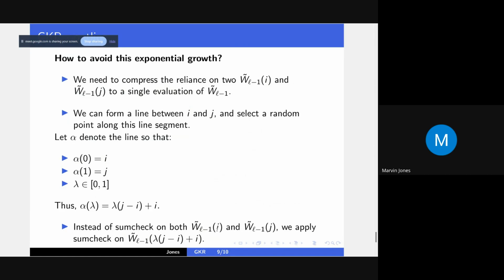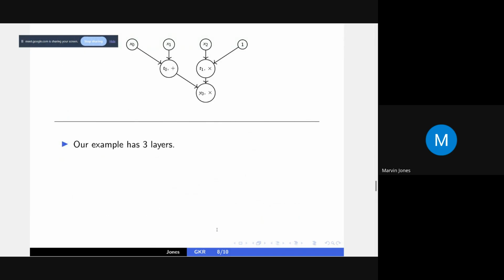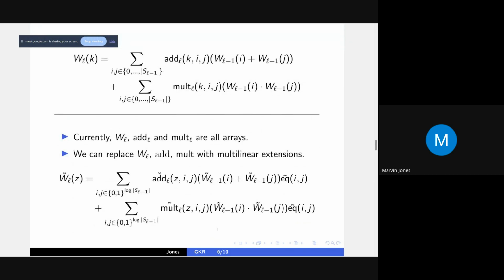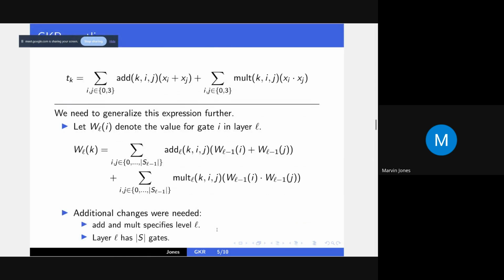Anyway, yes, you can add ZK to this. In fact, you can add ZK to any protocol in a fairly straightforward way. The way that you would add ZK in this particular instance is you essentially add masking to your polynomials. This is done by Libra. Libra is one of the protocols that actually does add ZK to this.